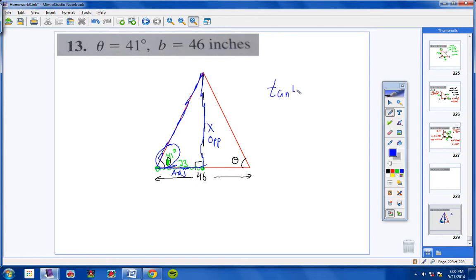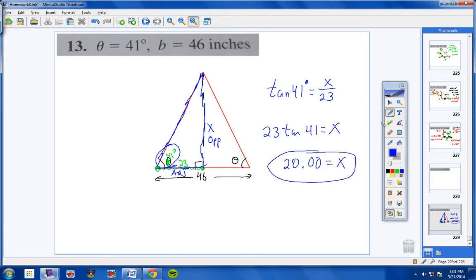So tangent of 41 degrees equals opposite over adjacent. Now I'm going to multiply both sides by 23, so 23 tangent of 41 degrees equals x. Okay, so 23 tangent 41 equals 19.993. Well, if you round that to 2 decimal places, you'll get 20.00 equals x. Okay, so there's the altitude or the height of the isosceles triangle right here, 20.00.